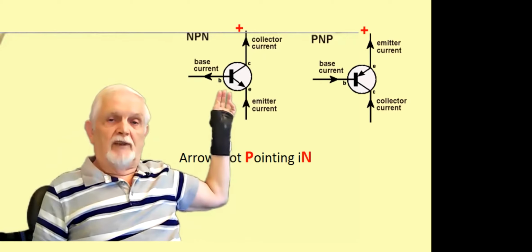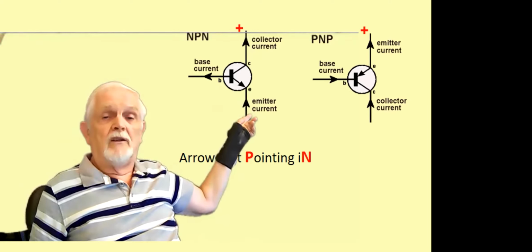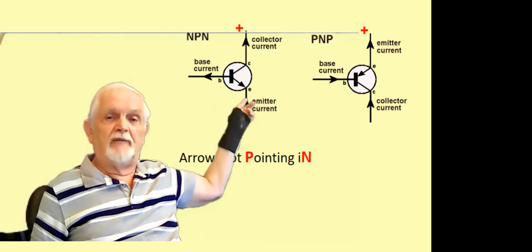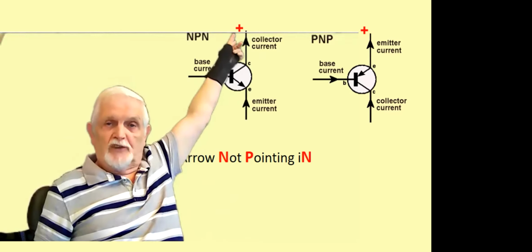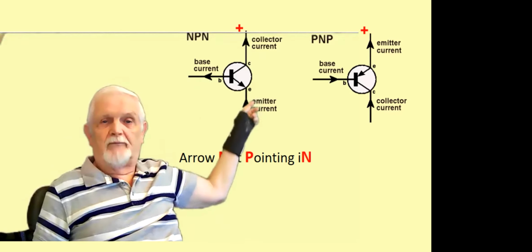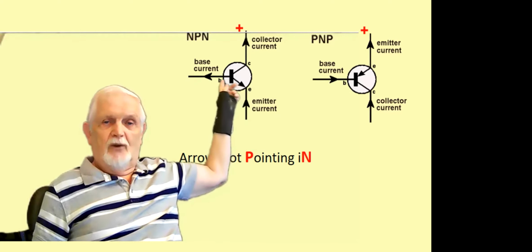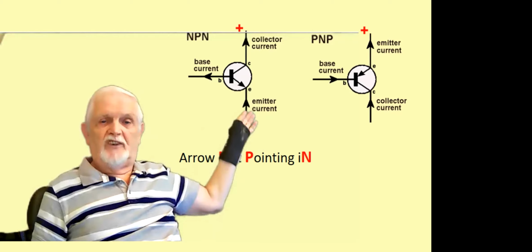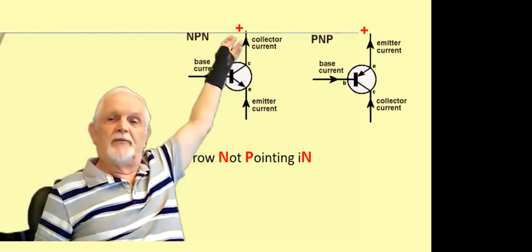So if we think back on the valve analogy for a minute, the current would like to flow from there to the higher potential, but can't quite make it. But if we get a small current flowing through the base, then once it starts to flow, it'll find a higher potential there and go up there.